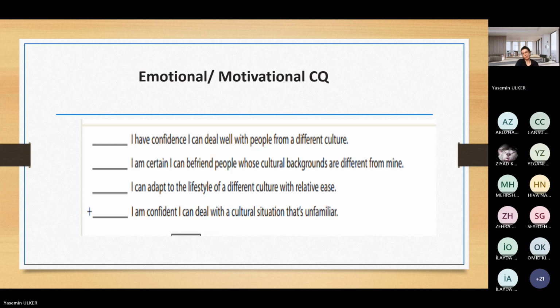I'm waiting. Cognitive result, physical result, emotional result.